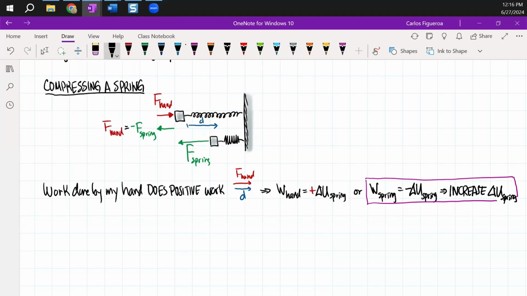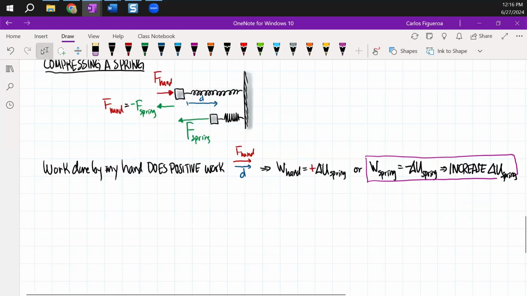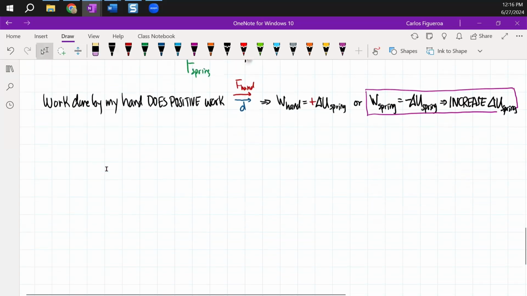Now, what does this mean picture-wise? So picture-wise, it goes something like this. I prefer one picture over the other, but I typically draw the second picture because it's easier. So let's imagine that I have this scenario here. I have this amount of initial potential energy in the spring.